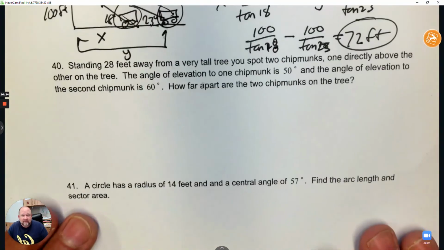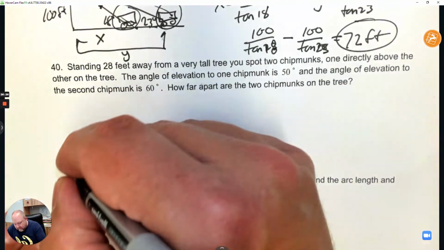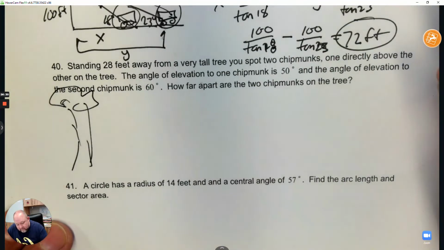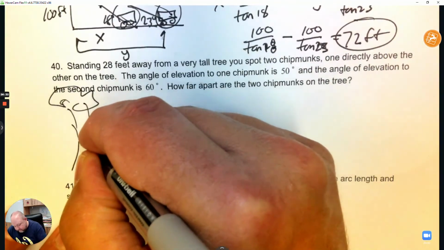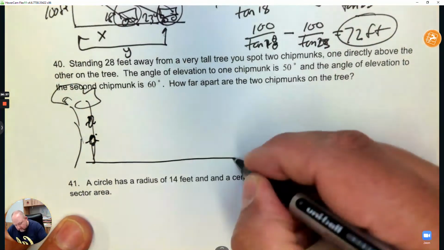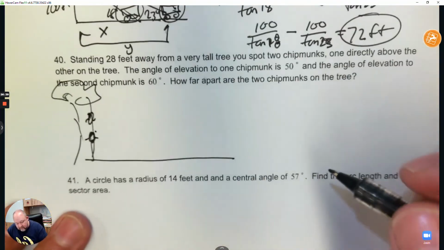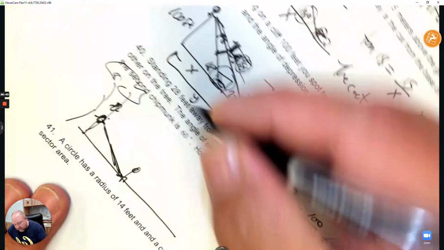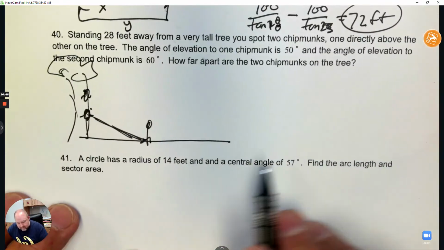Let's try this one. Standing 28 feet from a very tall tree, you spot two chipmunks. Here's one, there's the other. The angle of elevation to one, so here I am here. So you have one chipmunk, so that's 50.